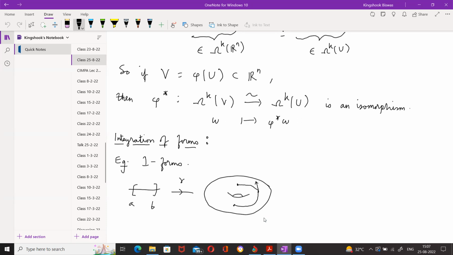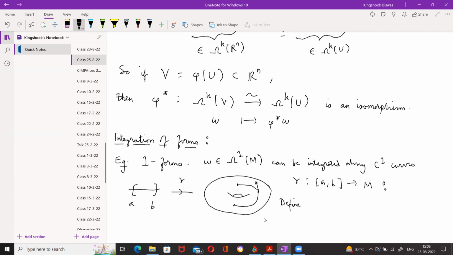So omega, if it's a one form in omega 1 of M, this can be integrated along C1 curves, gamma from AB to M. So what you do is you define the integral of omega over gamma.